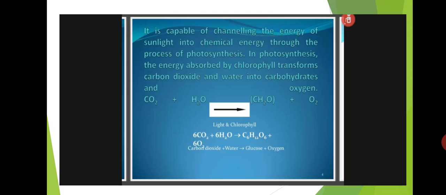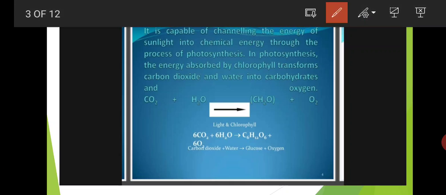Here CO2 is carbon dioxide plus water, H2O, gives rise to, with light and chlorophyll. This reaction mainly occurs in the presence of sunlight. So with light and chlorophyll, it is converted to carbohydrate and oxygen.